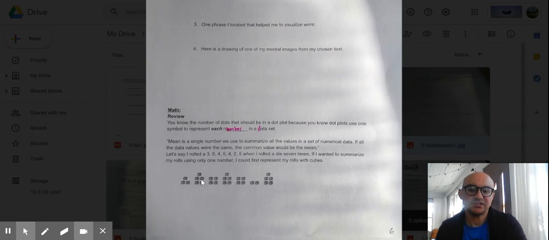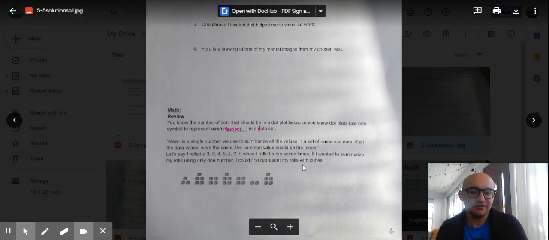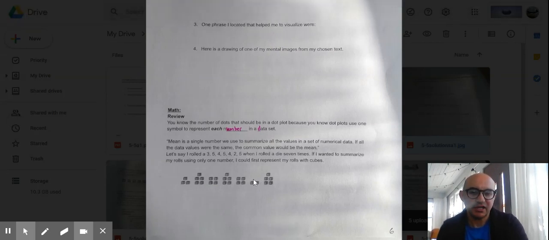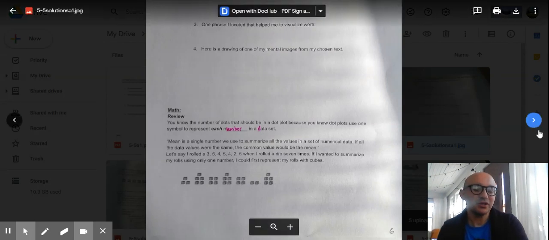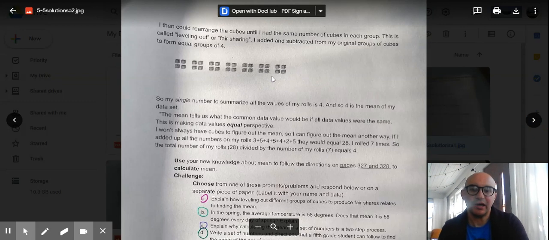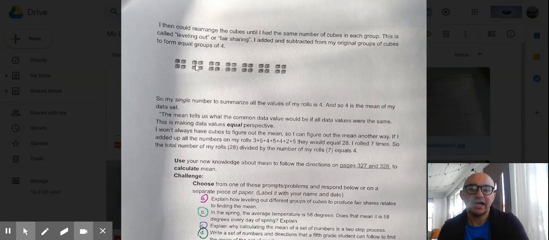But you have 3 blocks in one, 5 blocks in another, 4 blocks in one, 2 blocks in another, and so on. When we level out, we're just shifting our blocks either to or from another group. We don't add or subtract any total blocks, we just shift them, and we level them out like this. This leveling out can help us see that the average for the whole data set is 4 here.